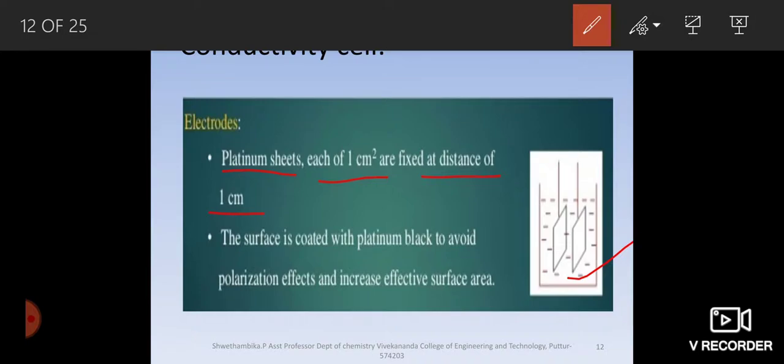That is why we say that whenever we measure the conductance by taking a conductivity cell of length to area ratio 1, that is cell constant is equal to 1, that conductance is called as specific conductance. The surface is also coated with the platinum black. This actually increases the effective surface area so that conductance could be measured in a better manner. So this could be added under instrumentation because conductivity cell measures the readings.